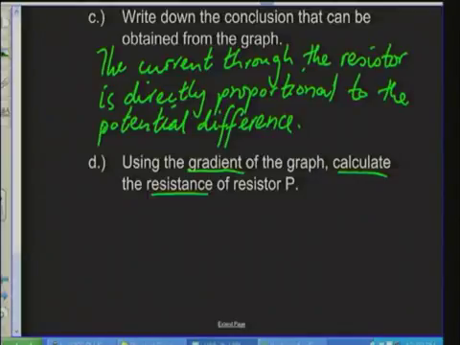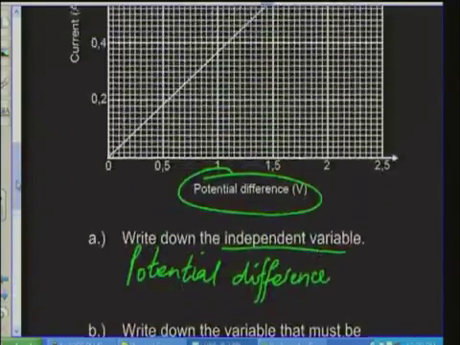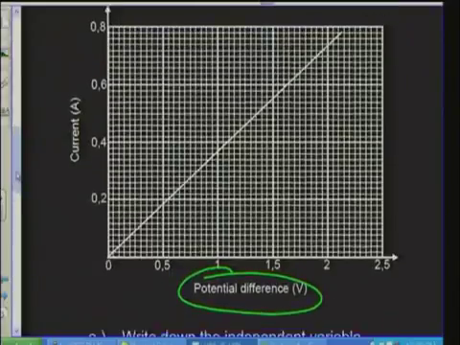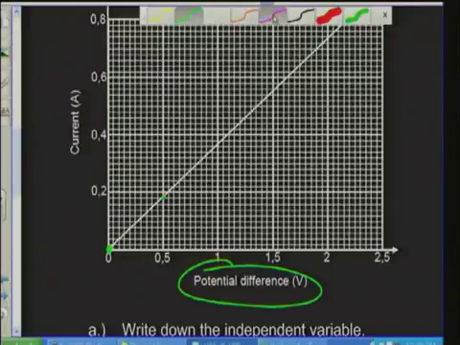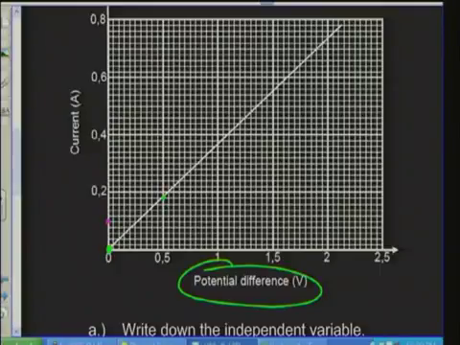Now if we look at the gradient here, let's come back to it. Again, we can just take two easy points. We can take that point and that point. Now let's try and read this graph again like we did earlier on. This is 0 up to there is 0,2, so this should be 0,0. 0,1 should be halfway: 1, 2, 3, 4, 5. That's 0,1.